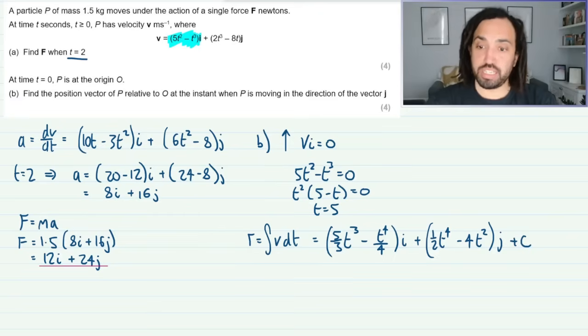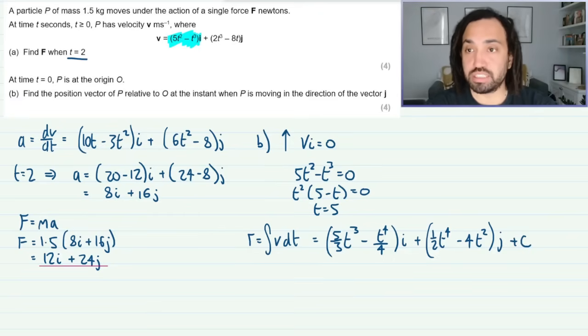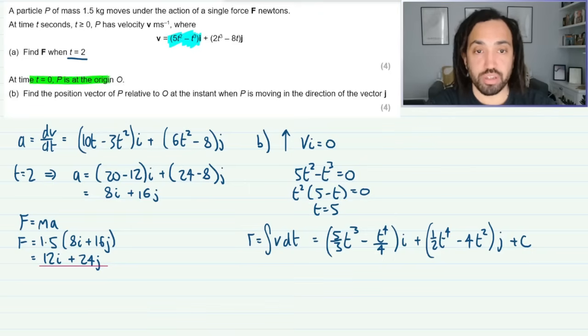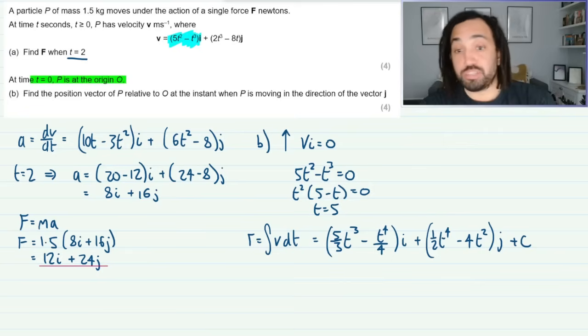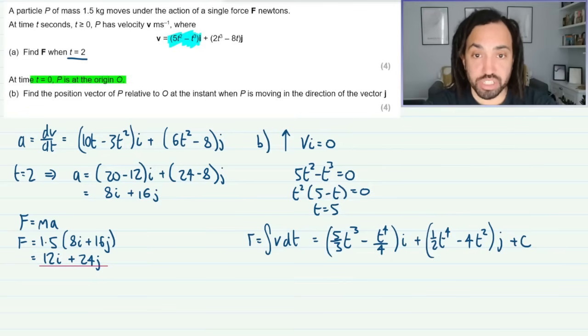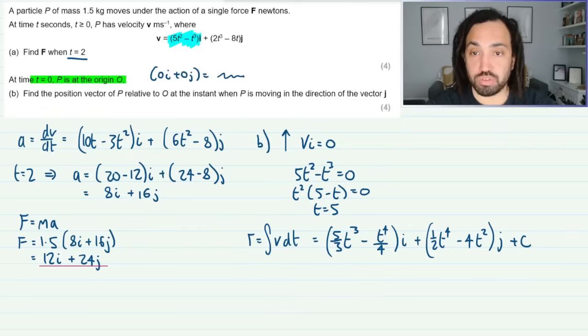So we're going to need a bit of information to find out what c is, and that comes in the form of at t equals 0, p is at the origin. So that tells me that c is 0 straight away because it's at the origin, so the position vector is 0i plus 0j at the origin, and that's equal to our integral plus c.